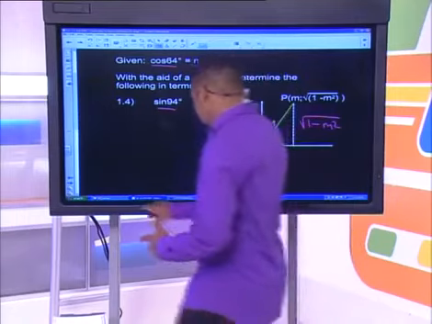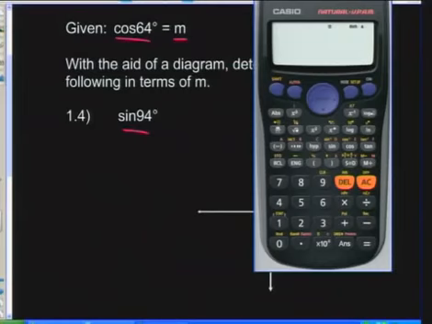If I use 90, it is 90 plus 4, which is 94, but I don't get anything related to 64. If I say 180 minus 94, I get 86, and 86 is not in the diagram.